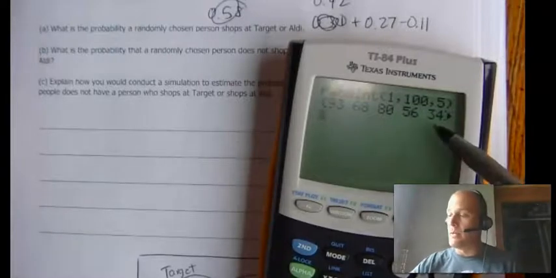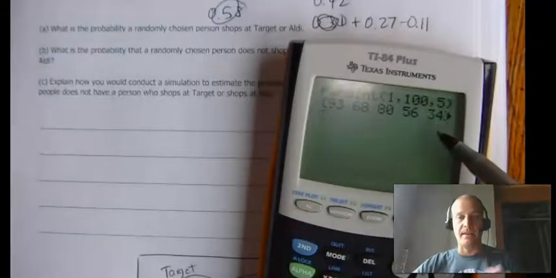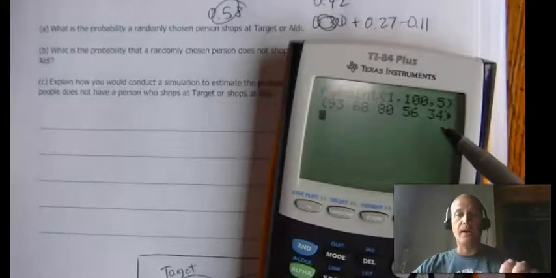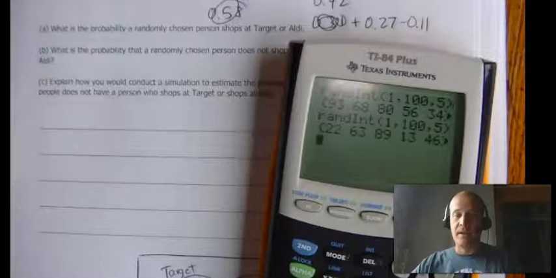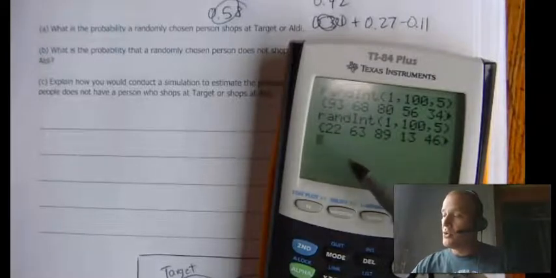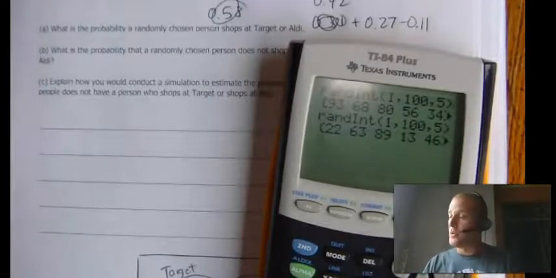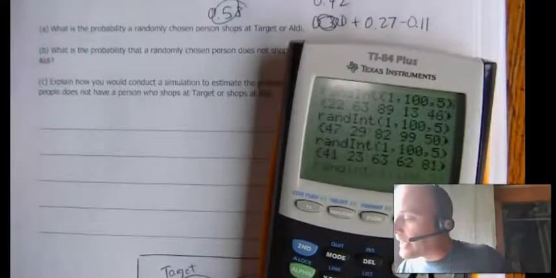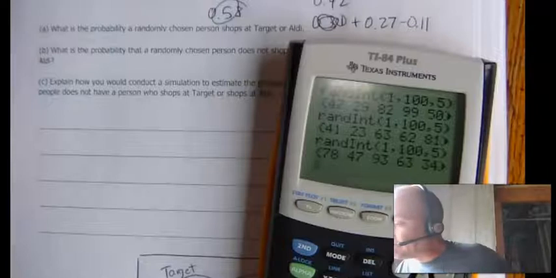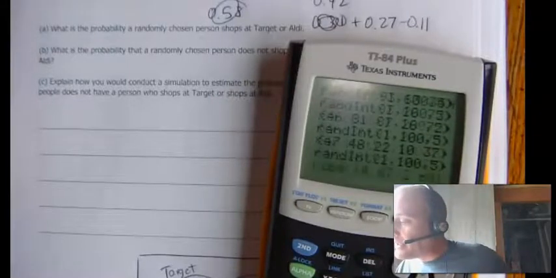Notice that one number being less than 42 would imply this is a trial where 1 does not shop at either store. If I press enter, this is a trial where 2 do not shop at either store. Let's see how far we have to go until nobody shops at either store. It might take a while.